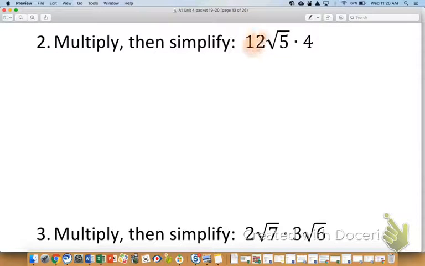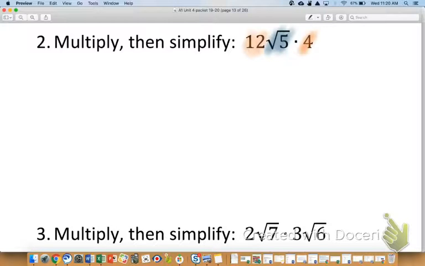The 12 is just a 12. The value of 12 is 12. The 4 is just a 4. Neither of those is a square root of any kind. The 5 is not a 5 though, is it? The 5 is the square root of 5.